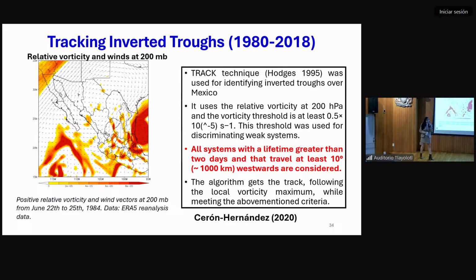We used the tracking technique provided by Hodges. We used a relative vorticity threshold at 200 millibars. Also, in this thesis, we suppose that all the systems that last more than 2 days and travel westward at least 10 degrees can be considered an inverted trough.